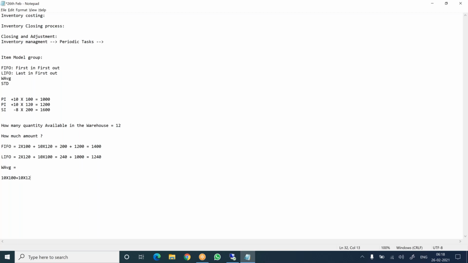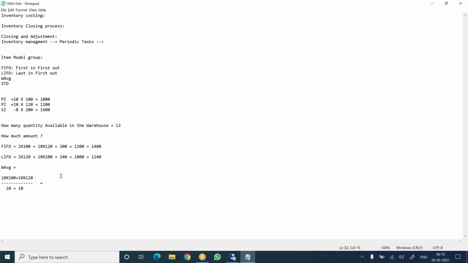If not, then please try to understand the method of weighted average calculation. This is the formula: total amount divided by total quantity.